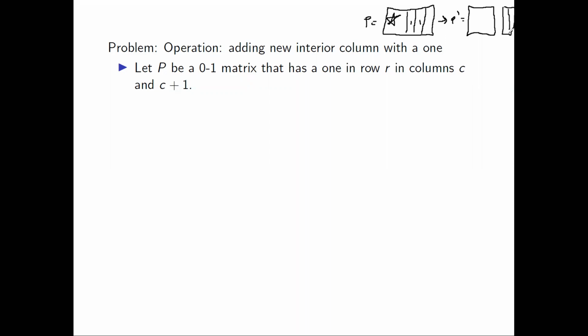P prime is like P, but with an extra column now. So we insert a new column between column C and C plus 1 of P. This column has all zeros, except for a 1 in row R. And that's P prime. So P prime just has an extra column that we added to P, but that column is between these columns, C and C plus 1.